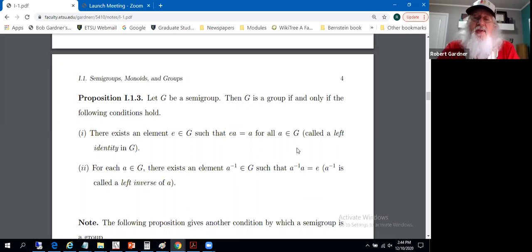If we could show the existence of a left identity and a left inverse, that's sufficient to conclude that we have a group. It's an if and only if result. So given a semigroup, we don't have to establish two-sided identities and two-sided inverses. We can establish only left identities and left inverses, and that's sufficient. Or we could establish only right identities and only right inverses, and that's also sufficient.